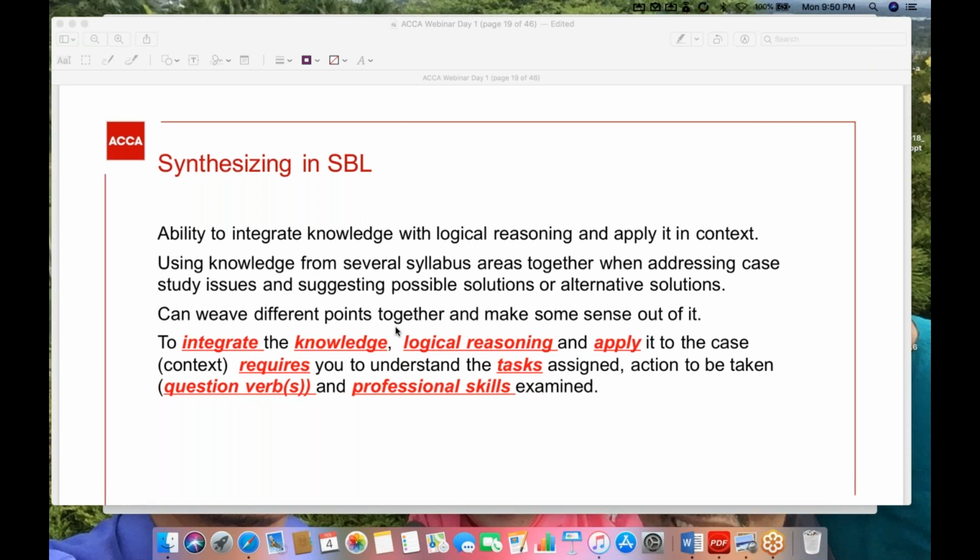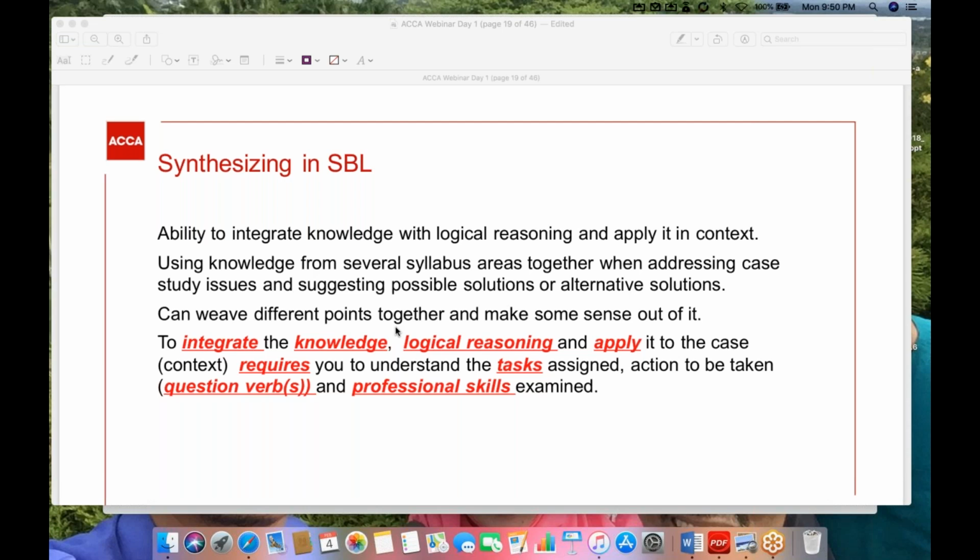You have to look at these together. Your requirement for your case study will definitely have this in place. It will require you to integrate some technical knowledge, sometimes require some logical reasoning, and definitely all the time wants you to apply it in the context.